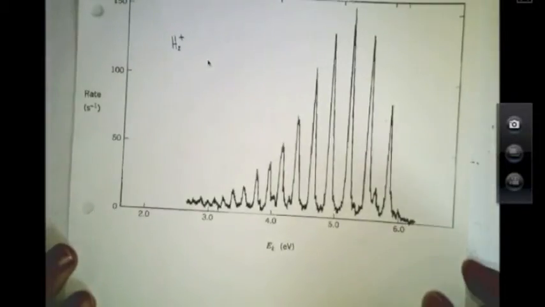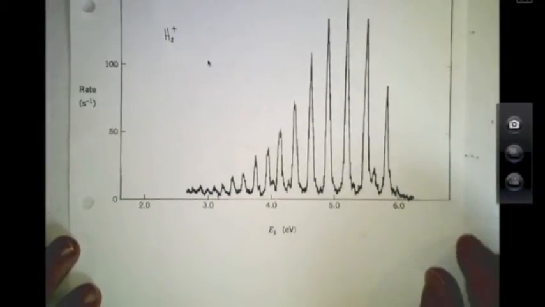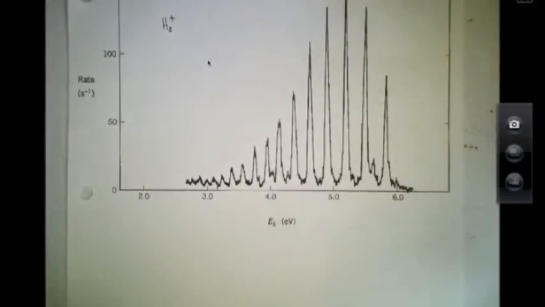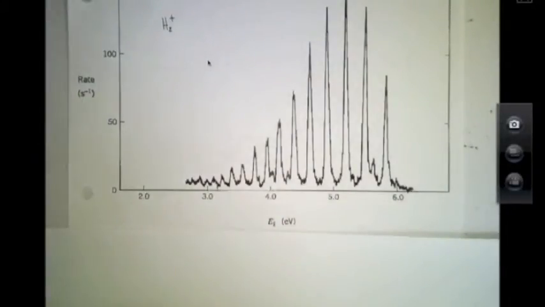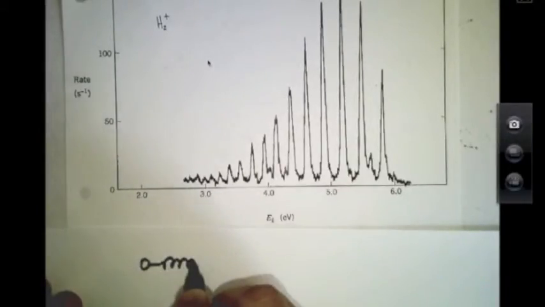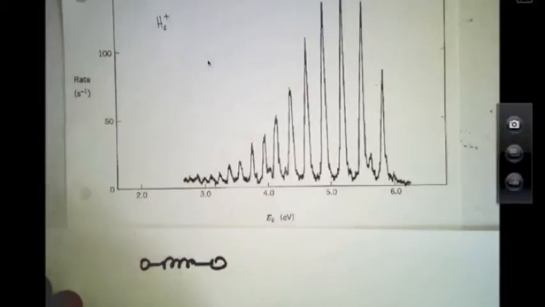I wanted to just show you an example of something I mentioned just before, namely the spectra from a diatomic molecule. So molecules are like little harmonic oscillators because the bonds here act like little springs.